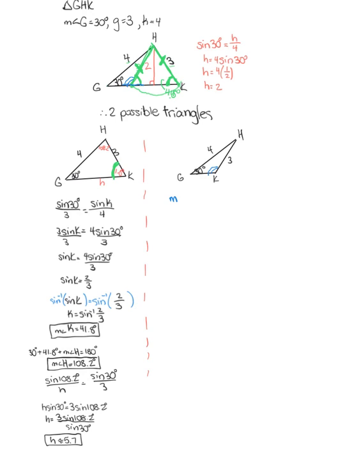So the measure of angle K is equal to 180 minus 41.8, because it is supplementary to my original angle that I found for triangle 1. So that comes to 180 minus my original angle. Measure of angle K is 138.2 degrees.